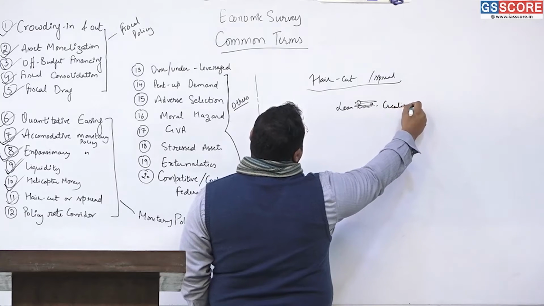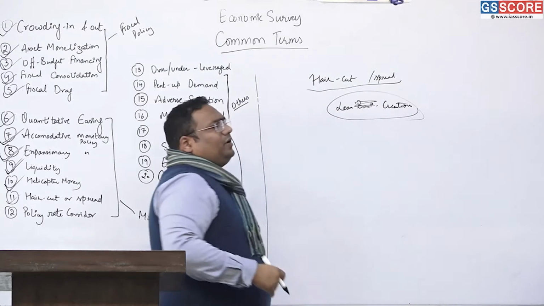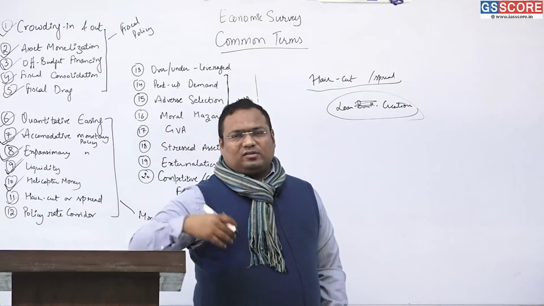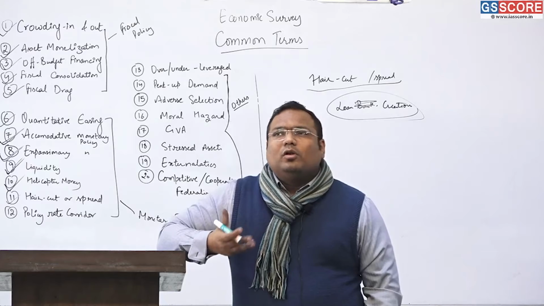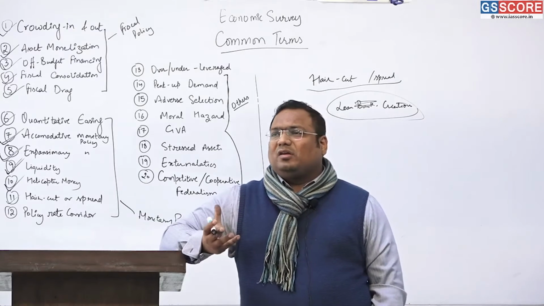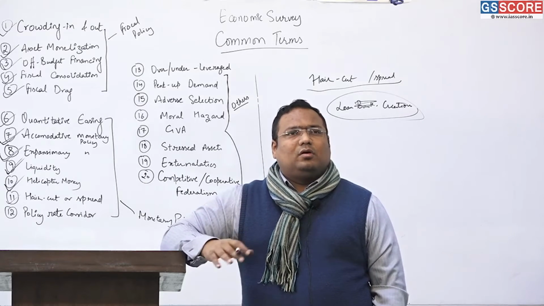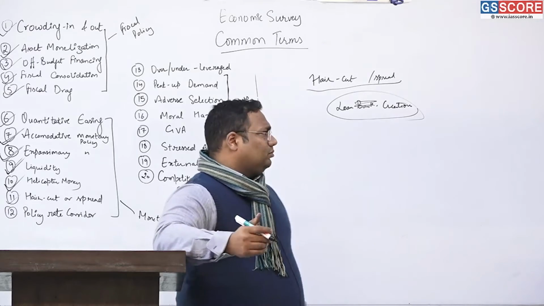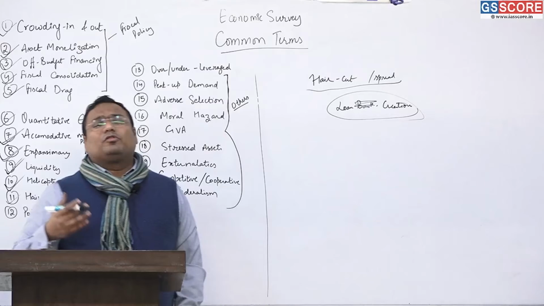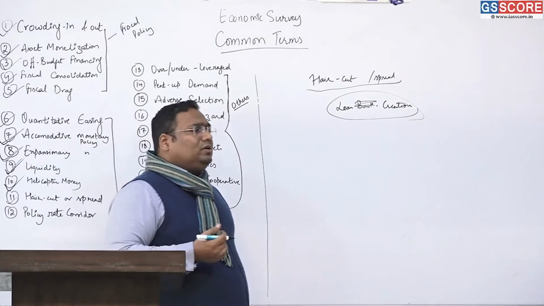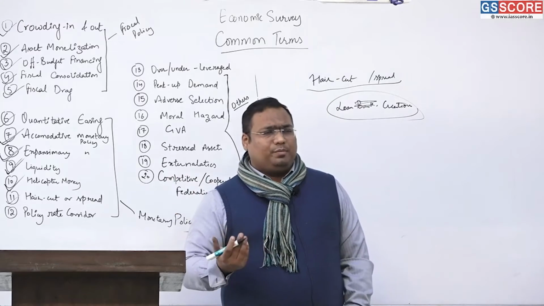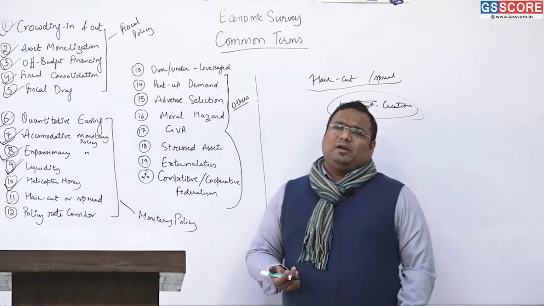Whenever a bank or a financial institution gives you a loan, it will ask for collateral. Collateral is more popularly known as amanat or zamanat, girvi rakhna. That is, what is your security? What is the security for the bank in case you are unable to repay?